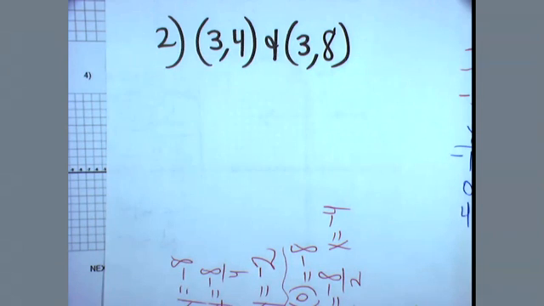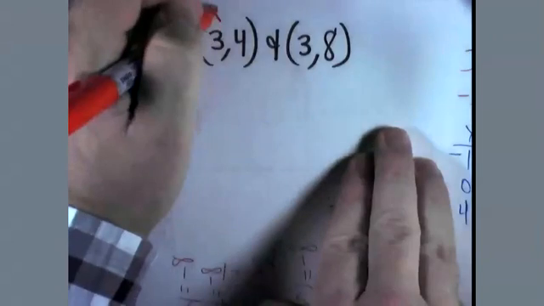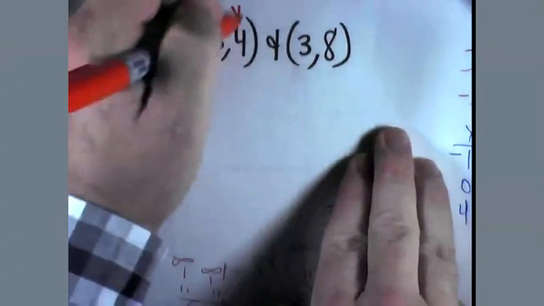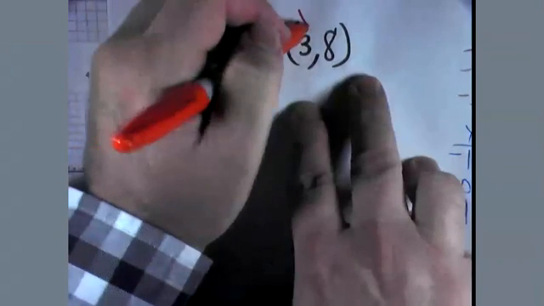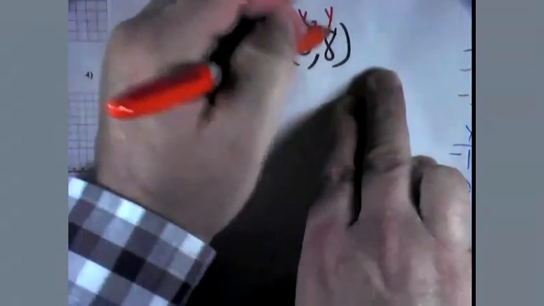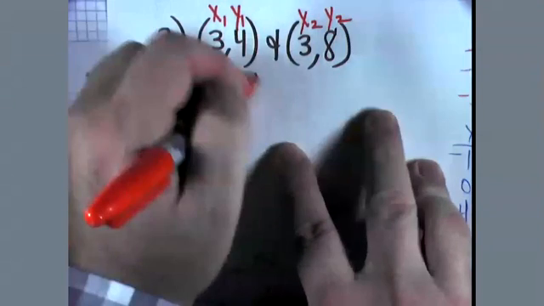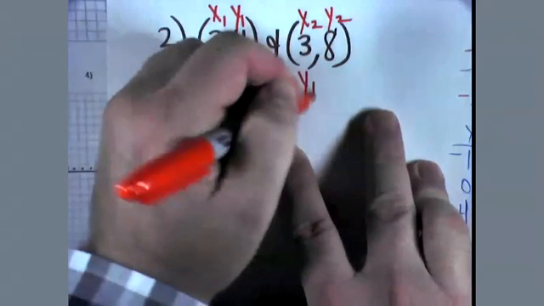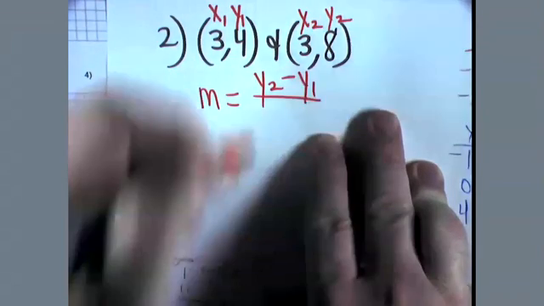So the first step is to identify the parts of your formula. So our first order pair is x1, y1. And your second order pair is your x sub 2 and y sub 2. So let's write down our slope formula and plug in our given values.